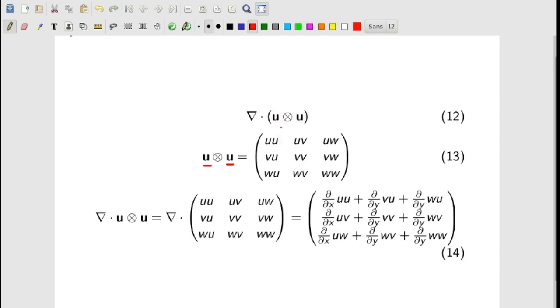So this here will translate to this term here, and now we have to apply the divergence to this outer product, to this tensor product. It happens that applying the divergence term to a second order tensor, you get a vector.